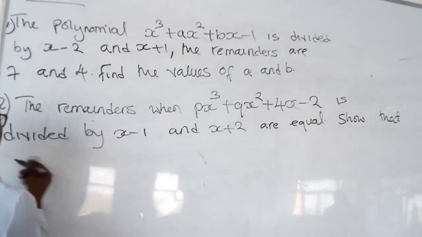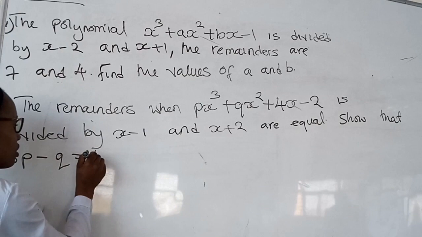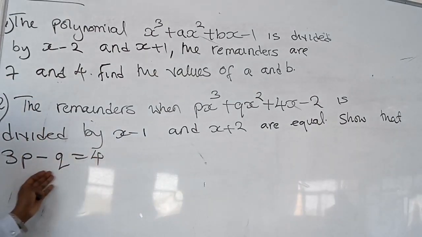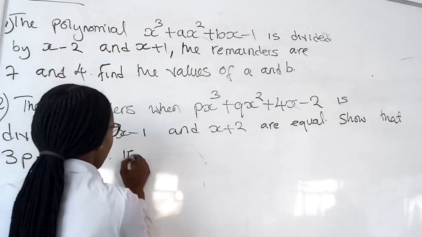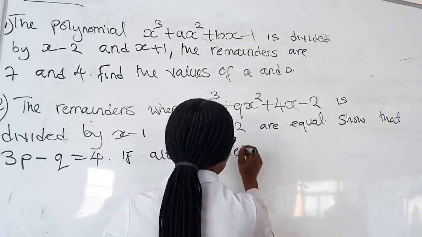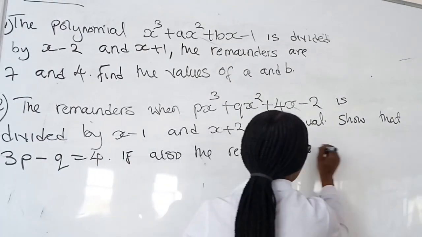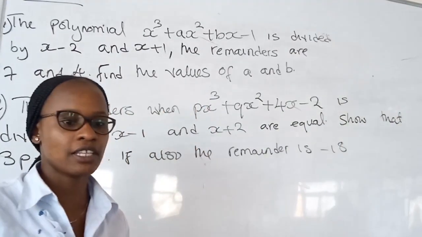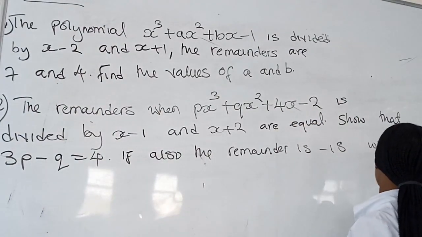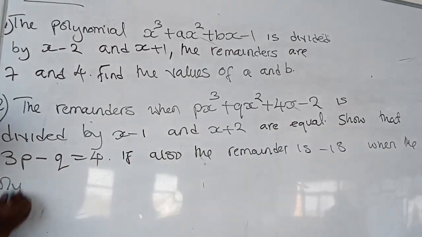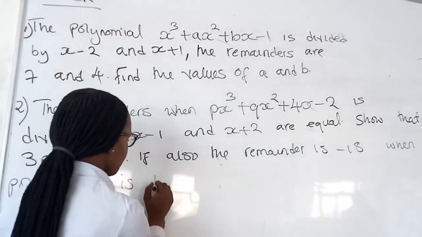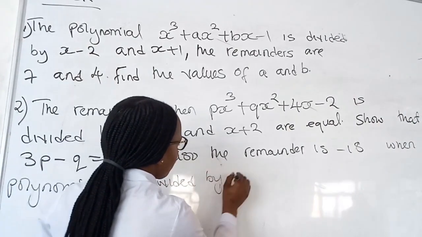So I now want you to show that 3p minus q is equal to 4. After you show this, if also the remainder is negative 18, when the polynomial is divided by x minus 2, find the values of p and q. It's the same question.